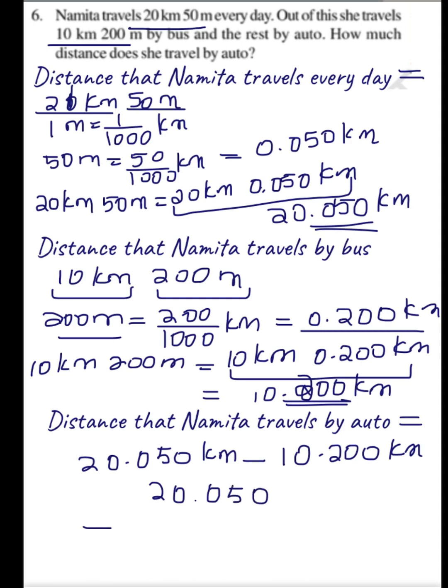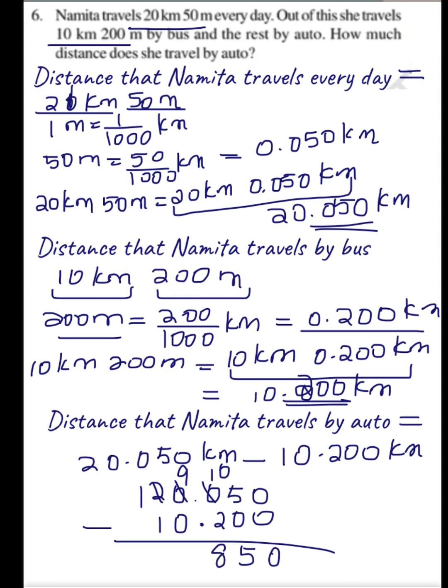Let's do the subtraction. 20.050 minus 10.200. So 0, 5, 1, 9, 10. What is 10 minus 2? 8. You have to put the decimal point. Now 9, 0. So the answer is 9.850. So the distance that Namita travels by auto will be equal to 9.850 kilometer.